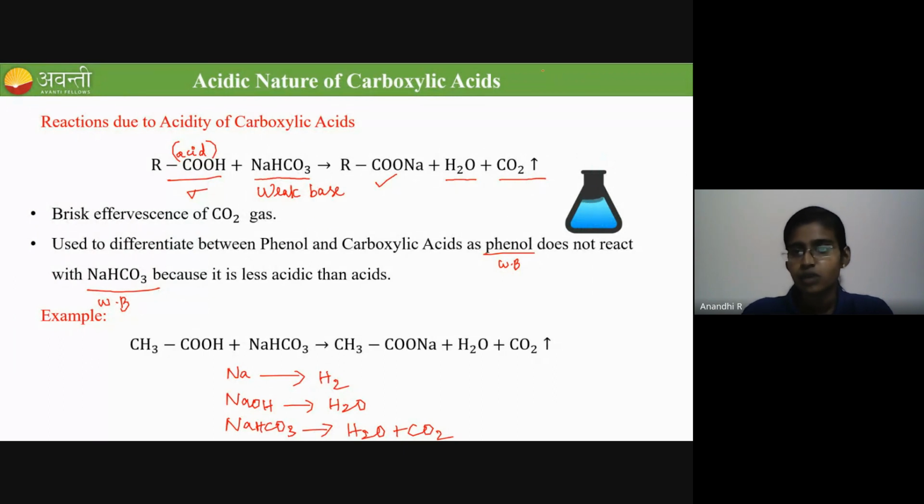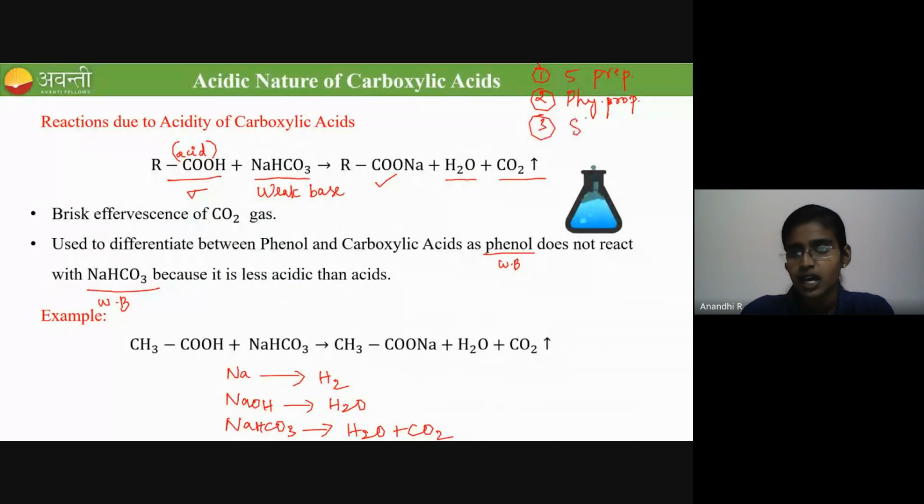So just to summarize the part. Firstly, we have seen five preparations of carboxylic acid, and then we have discussed some physical properties of carboxylic acid.